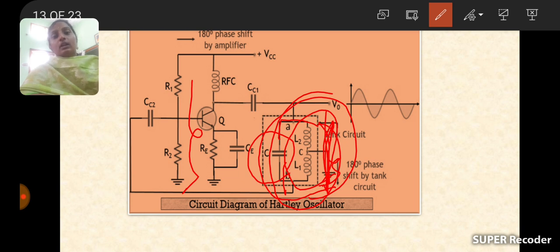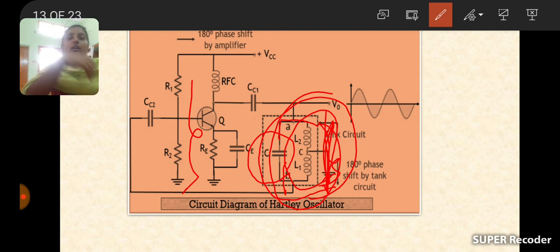R1 and R2 are used for providing biasing and stabilization. These two keep the emitter base junction in forward bias and the collector base junction in reverse bias. Finally, the transistor operates in the active region.